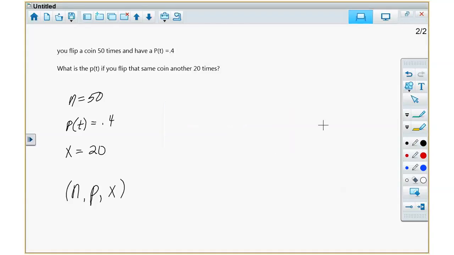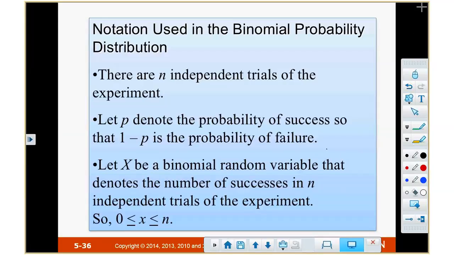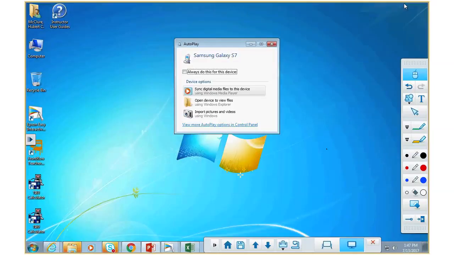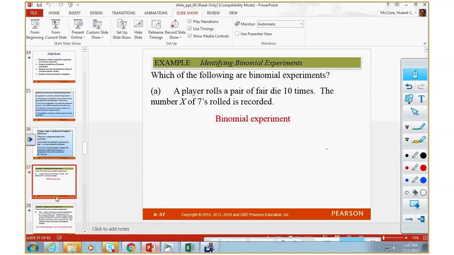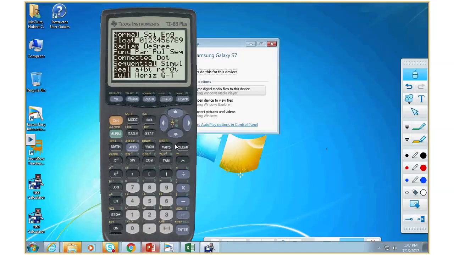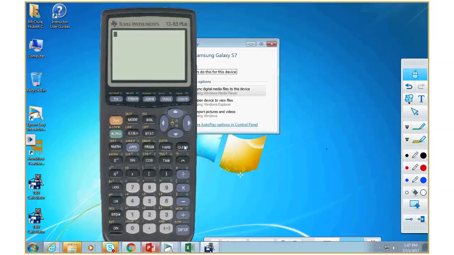It's under second bars. I think it's binomial CDF.